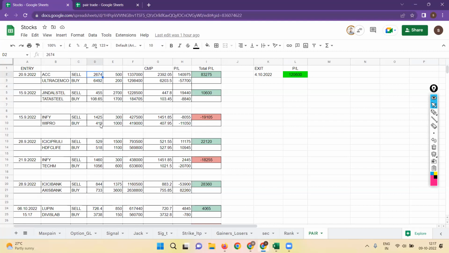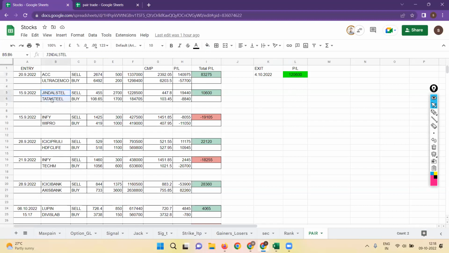I took the 28th September opening price, using spot prices instead of futures, so profit and loss may be roughly equal. ACC at 2674, lot of 500. I exited on 4th October on the basis of Z score reverting to the mean. If still holding at the current market price of 23, the running profit would be 83,275, but the trade exited at 1,20,000.